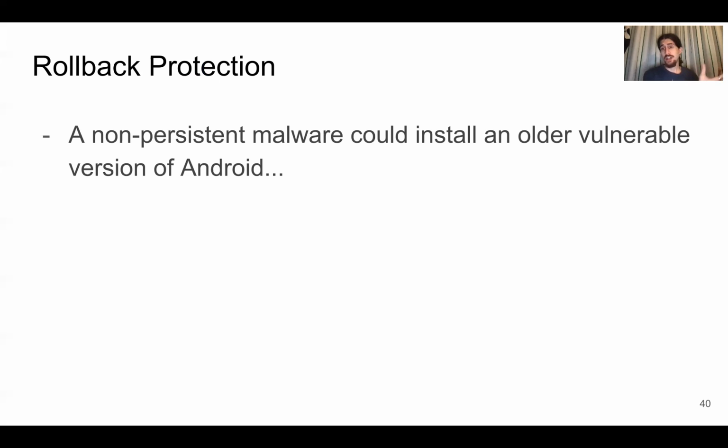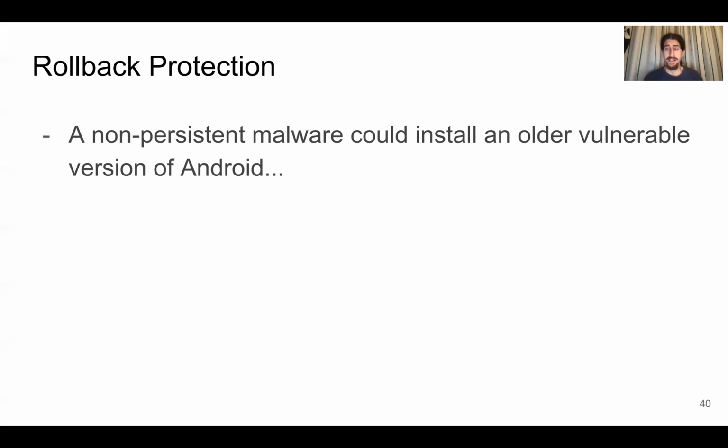So if you just check all I've said so far in terms of root of trust and checking the next stage and so forth, every check is going to succeed because this is signed with a legitimate key. That's bad, because now you're going to have an old version with a bug inside and the malware could do something bad.